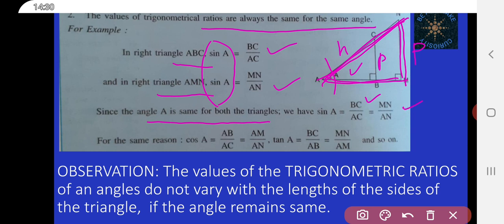So here you observe that if angle is same, then trigonometrical ratios are also same. Similarly you can write for cos A, tan A.